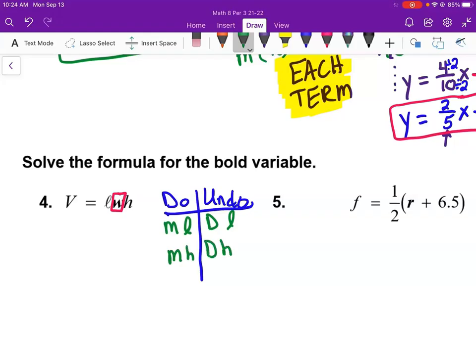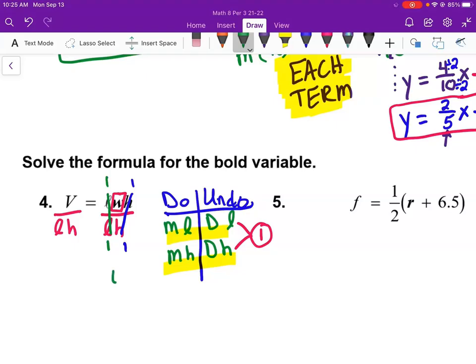Now, these two are exactly the same. If it is exactly the same, you can do it in one step. So that looks like this. Divide by LH. So now I've got L divided by L is 1, and H divided by H is 1.